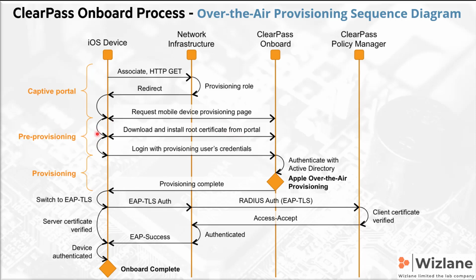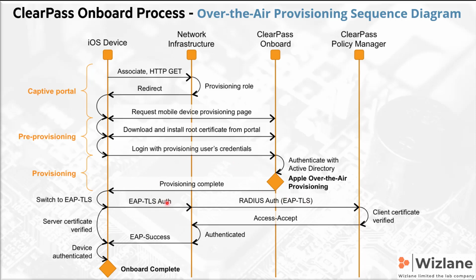At this stage, you will notice that the Apple device will be presented with a login screen from that redirected page, or the captive portal. They will provide the username and password they use for Active Directory, for example. They will download the root certificate on the iOS device, in this case, and they will perform Apple over-the-air provisioning.